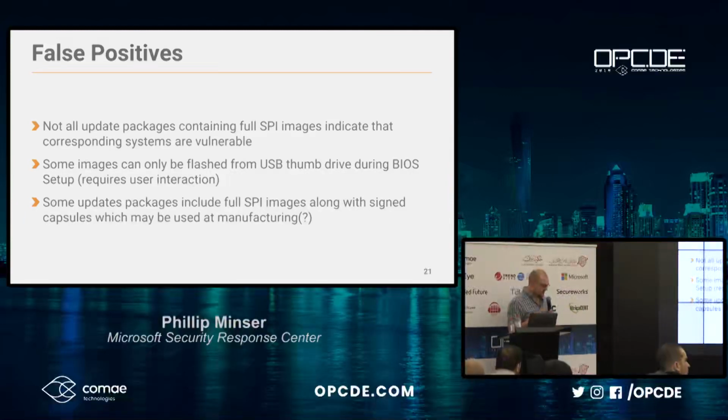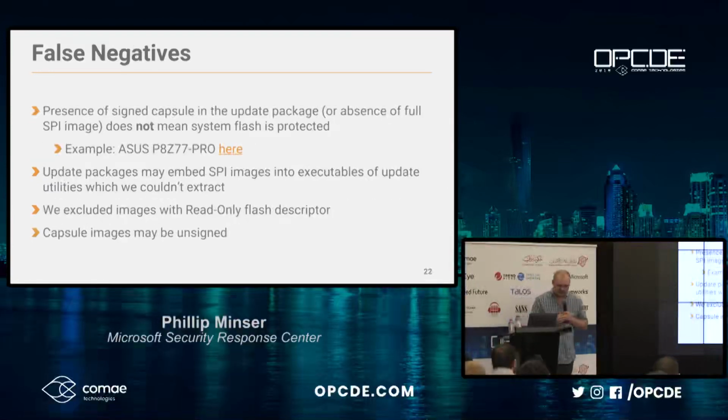This is the way some vendors implement it. They deliver an update, but during the update they just skip part of the image. They know that this was already flashed during the manufacturing phase and do not do it again in the next steps. Of course, we have false negatives.